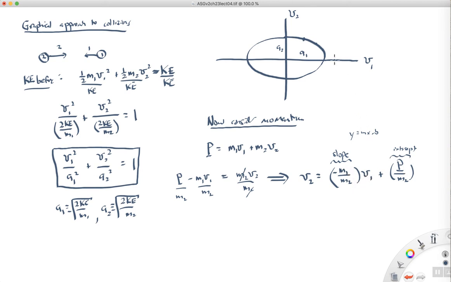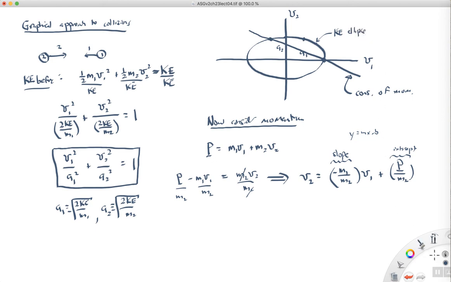Okay, and in our particular case, if we plugged in our numbers, we would find that this equation is the equation of a line that looks like this. So this is the conservation of momentum line, and this is the kinetic energy, I guess a kinetic energy ellipse.